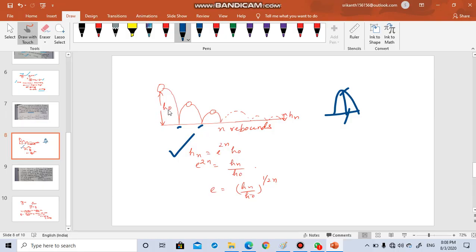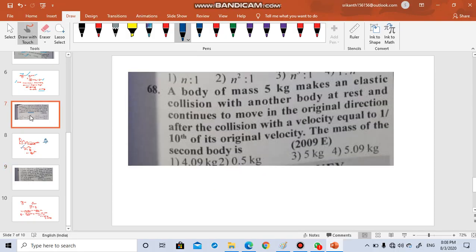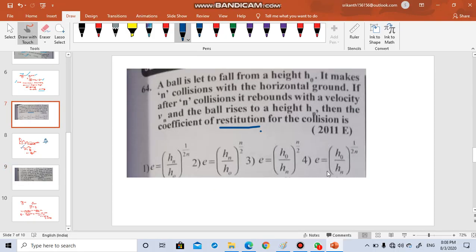Okay, so this was the result we got. This was the formula I told you. So from here we need to calculate e. So e power 2n is equal to hn by h0, and from there e is equal to (hn by h0) to the power of 1/2n. So which option? This is the option number 4.